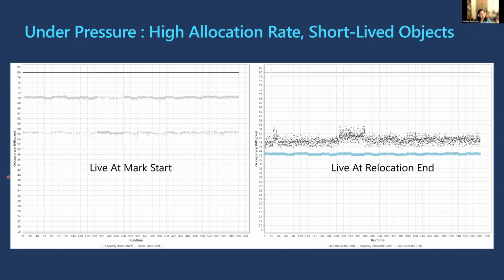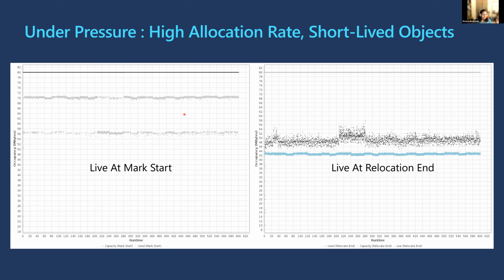But because I mentioned floating garbage and all those things, at any given time, because marking hasn't started, ZGC doesn't know how much of it is live. It keeps track of the live objects, which is awesome, but it doesn't know how much is live. So it always assumes it's more than what is really live.